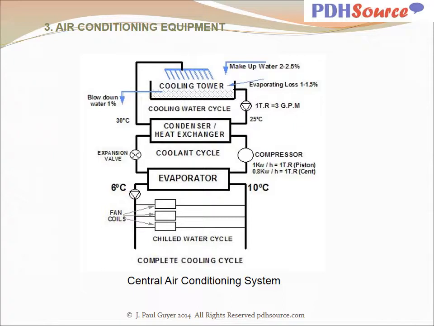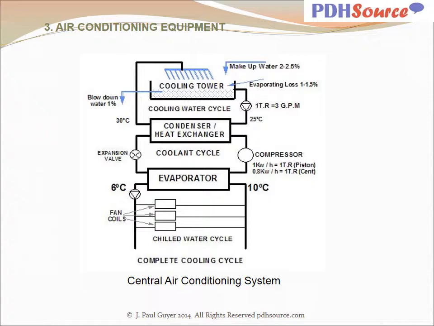It's cooled down to around 6 degrees centigrade when it comes out of the evaporator, and it's that 6 degree centigrade water that is pushed by the pumps to the fan coil units, and then the air from the occupied space is blown across that chilled water coil to cool the air in the occupied space. So that's kind of the circulation loop there at the bottom in this illustration. It is a chilled water circulation.